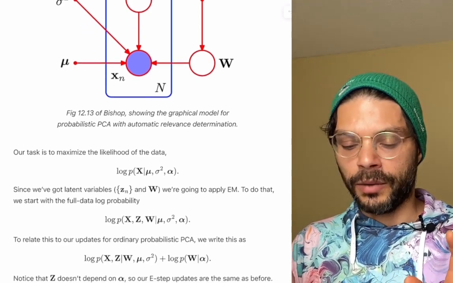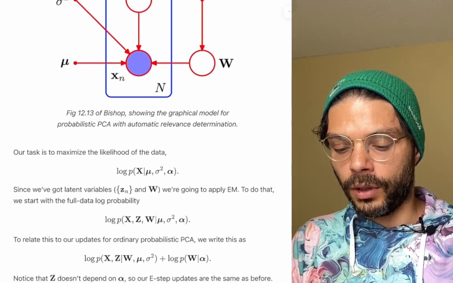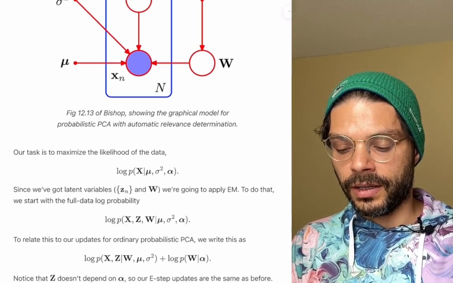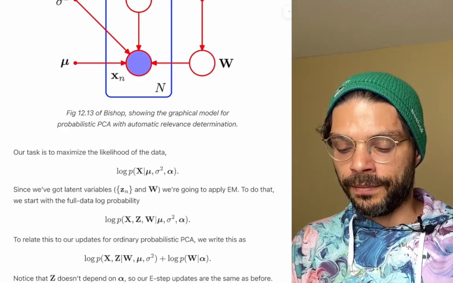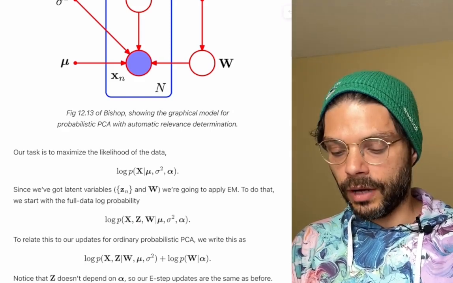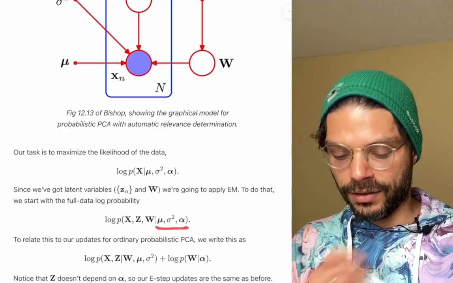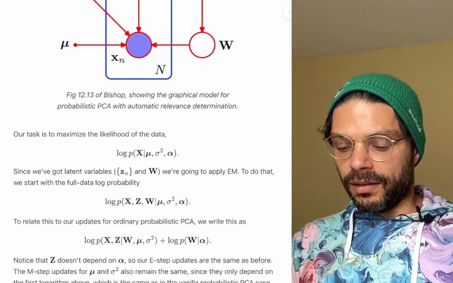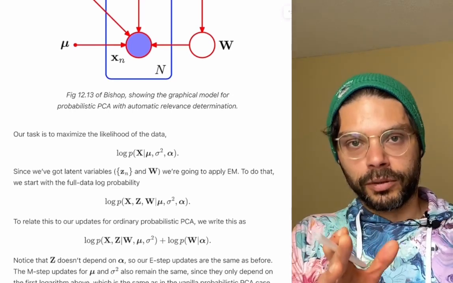Okay, so remember what we did. We start with the full data log probability. Here is X, our observed data, the latents that we don't know for each observation, and then the weight vector that we don't know. These are our parameters. Now we want to relate this to our probabilistic PCA again.